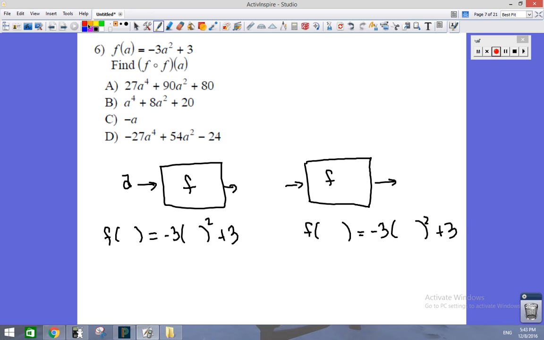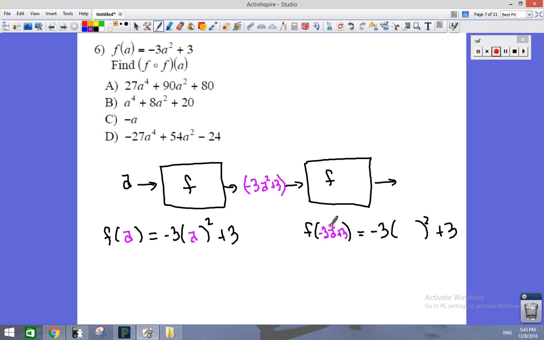So we're giving it not a number like 2 or 4, we're giving it a. So it tells us right here that if you give this function a, you'll have as an output negative 3a squared plus 3. But it doesn't tell me what the output is if my input is negative 3a squared plus 3. What if the input is negative 3a squared plus 3?